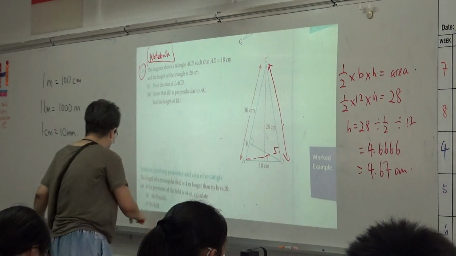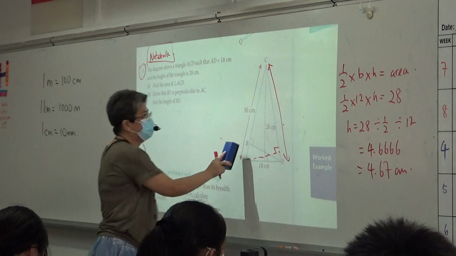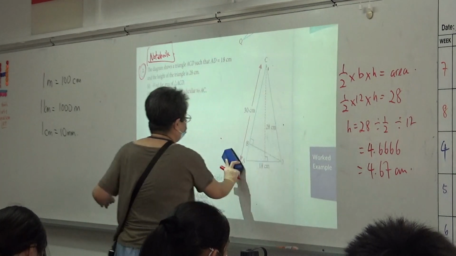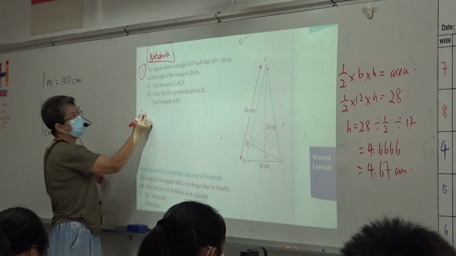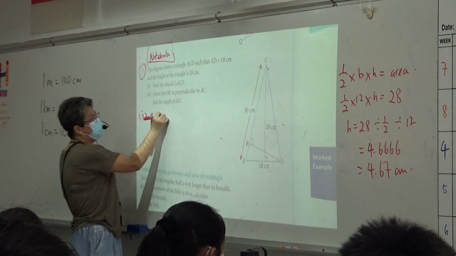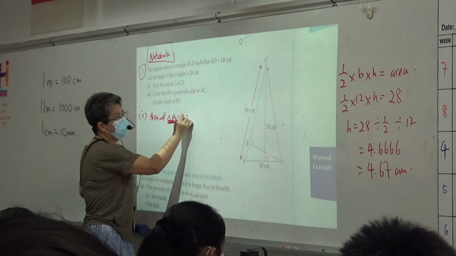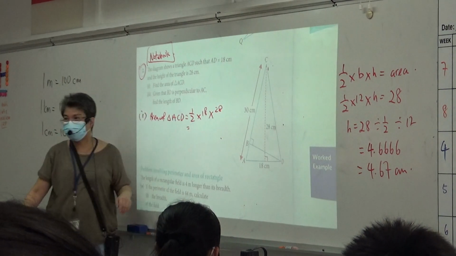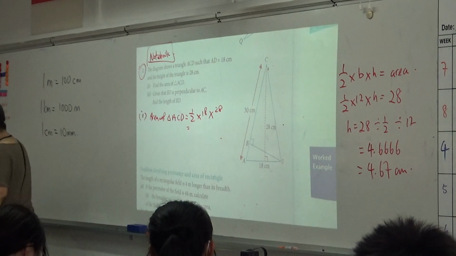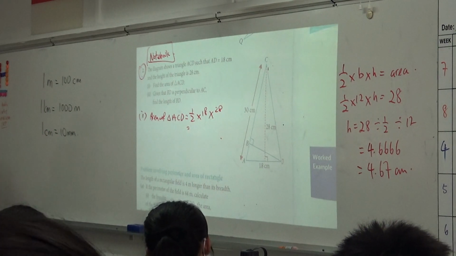Okay, I am going to write down here already, Part 1, or maybe I should just do it together with you, okay? Area of triangle ACD. Half times 18 times 28, right? Correct? What's the answer, Tyler?